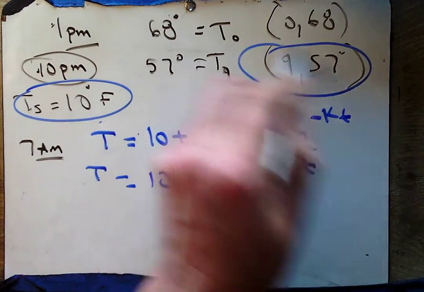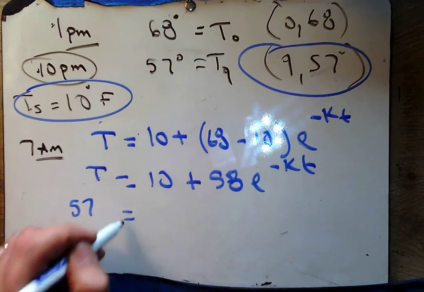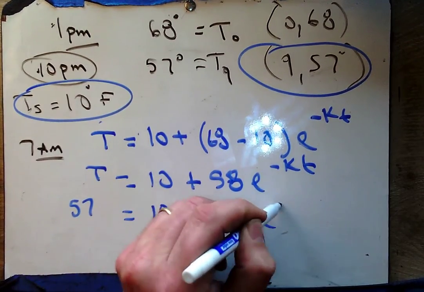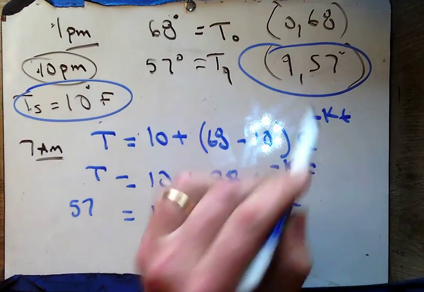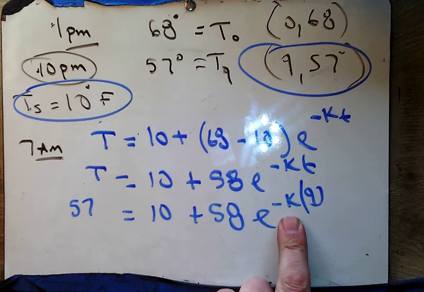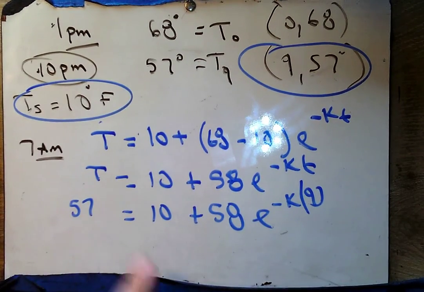Well, Mom provided me with this extra information. She wanted to know if the temperature is 57, e to the minus k times time, 9. So I've got to solve for k and plug that k back in, and then I'll have the model. So let's solve this equation for k.